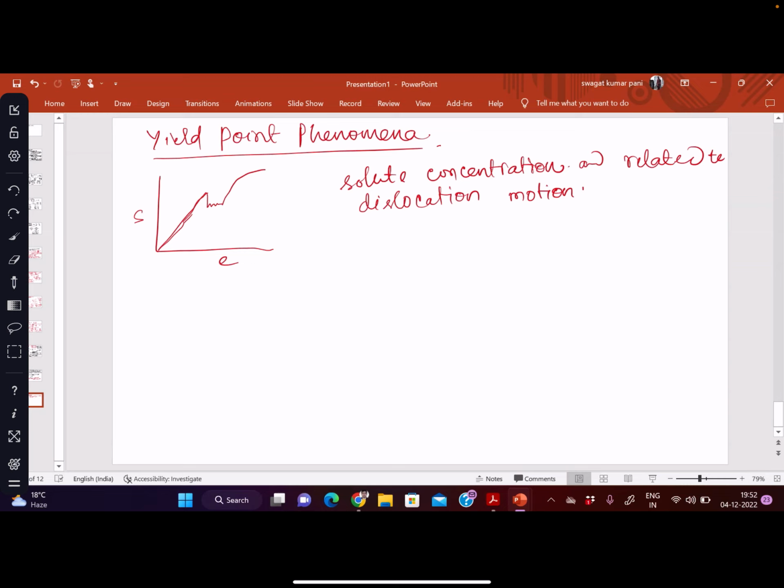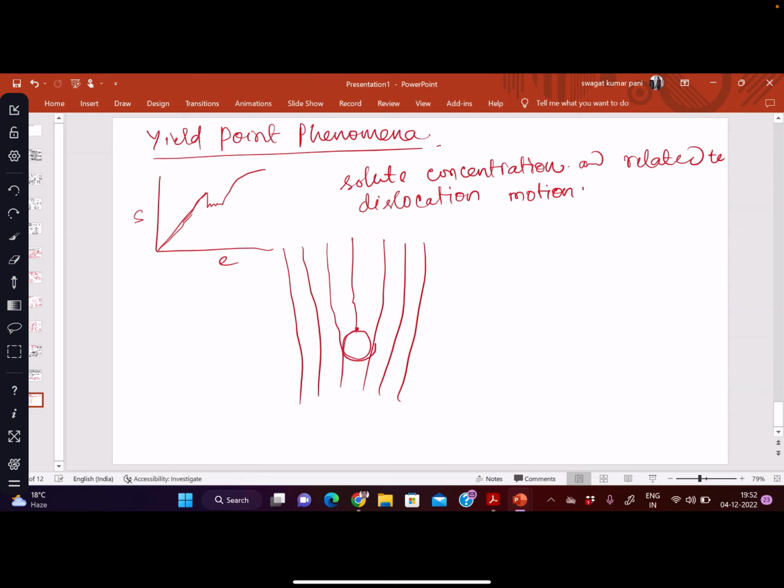Okay, so we know if we have a dislocation, at the core of the dislocation, suppose this line is going into the plane of the surface, there is a place where atoms can be accommodated, interstitial.